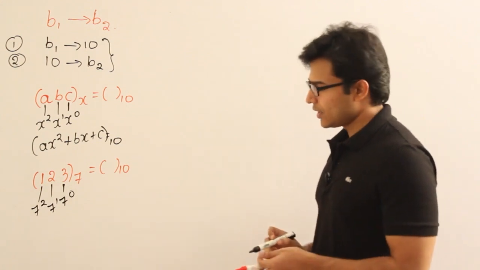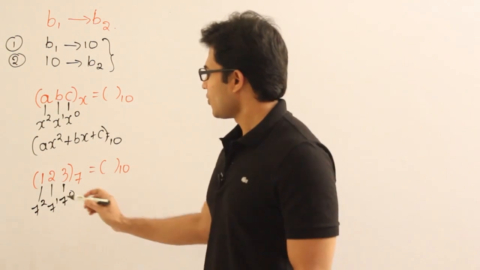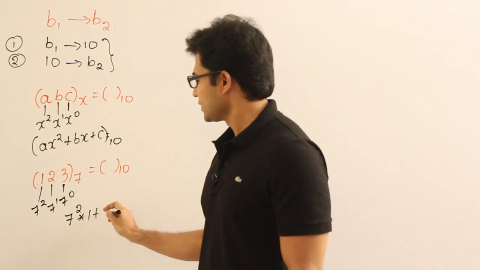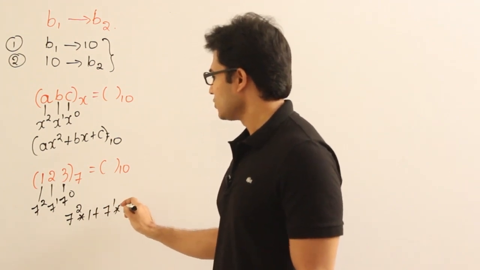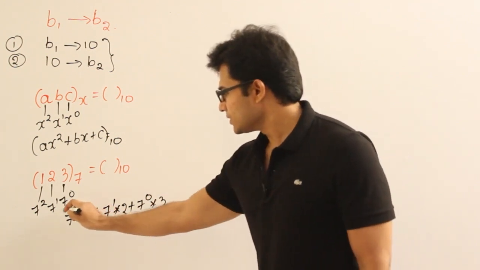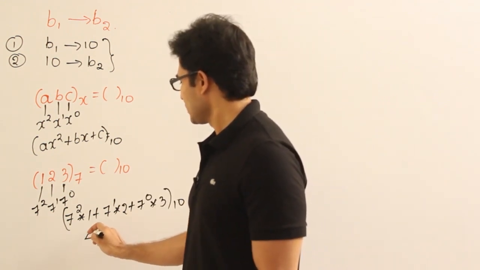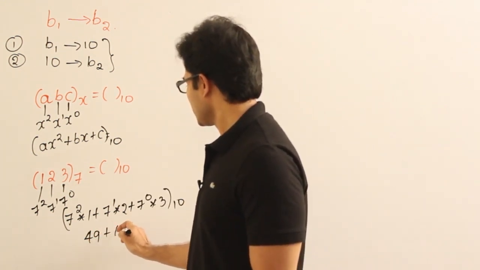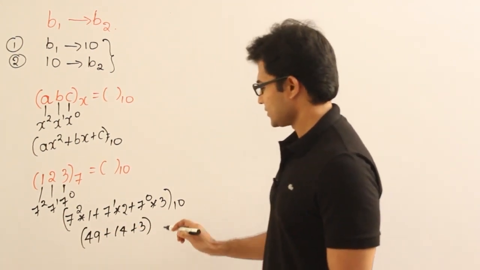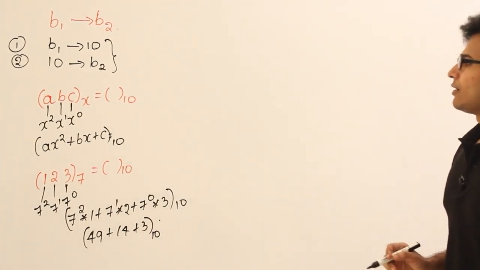Then multiply the corresponding digits with the weights and sum them up. So we get 7 square into 1 plus 7 power 1 into 2 plus 7 power 0 into 3. This is the number we wanted in base 10. I think it is 49 plus 14 plus 3. You just see what the result is. This is the number that 123 is representing.